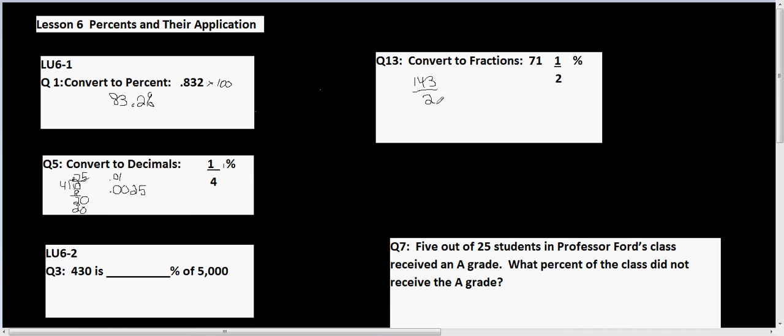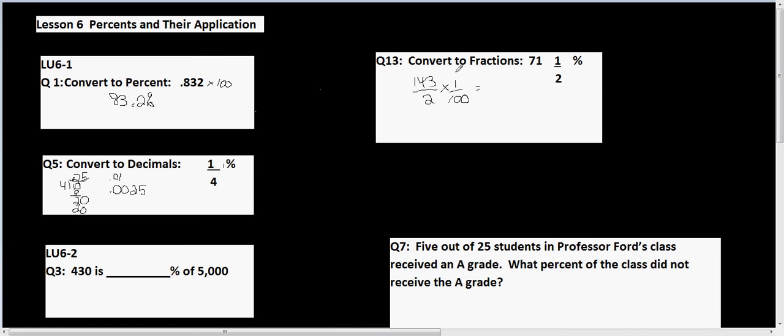Okay, but we want to make this into a fraction. So we have to further this by multiplying the whole thing times 1/100th, because we were dealing with decimals here and percents.